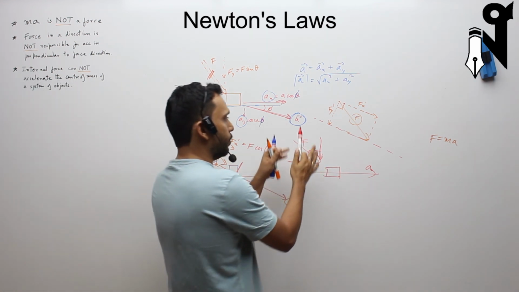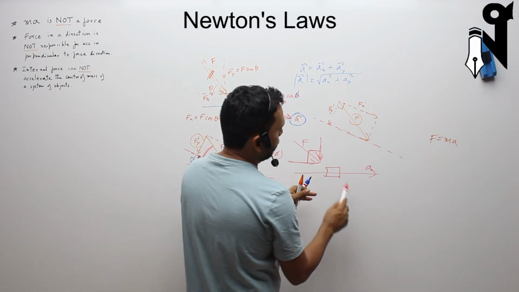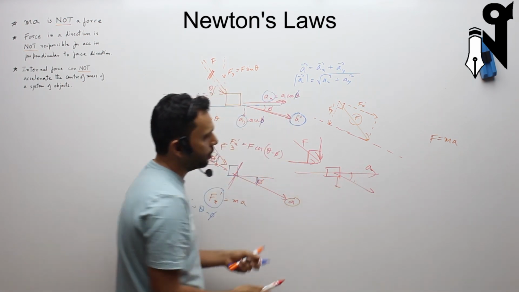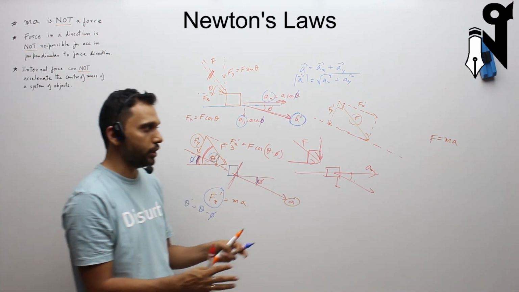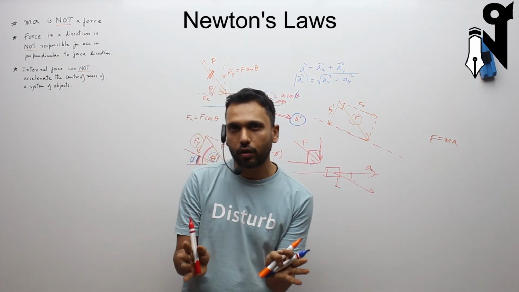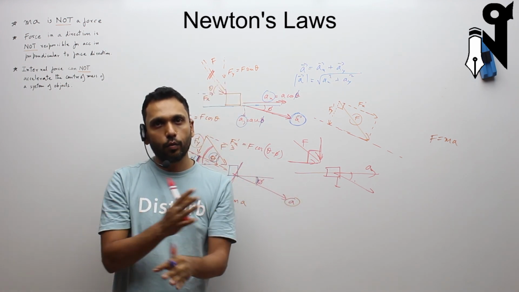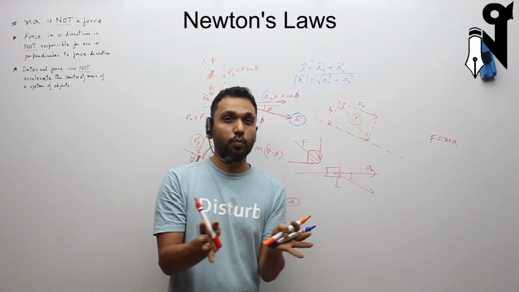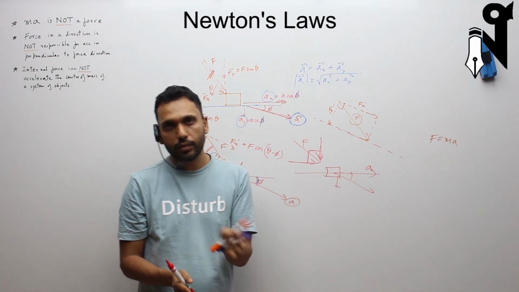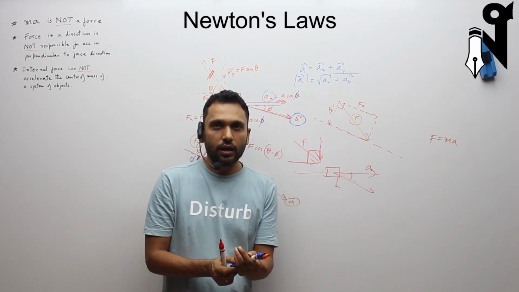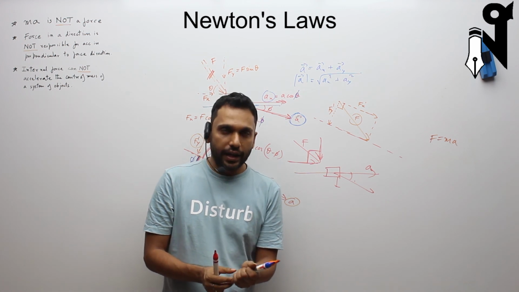If this is not possible, and acceleration is in some other direction, we'll break the acceleration also in the two directions of the forces, but always the breaking of the forces or the acceleration will be along a certain line and 90 degrees to that line. And what is that line? According to the question, the most convenient one, like along a slide or a platform or something. That would be our aim.